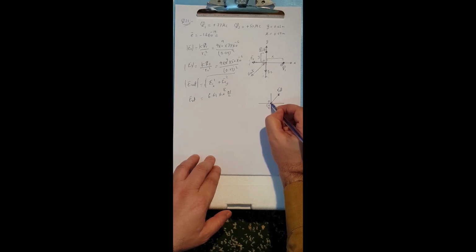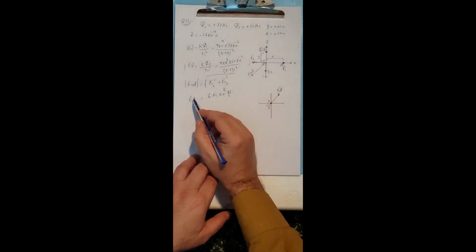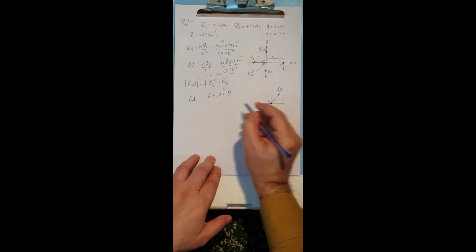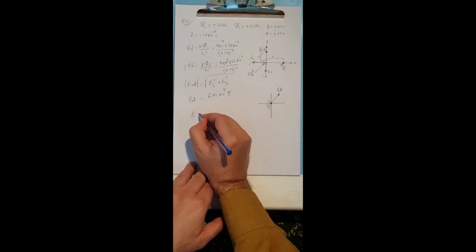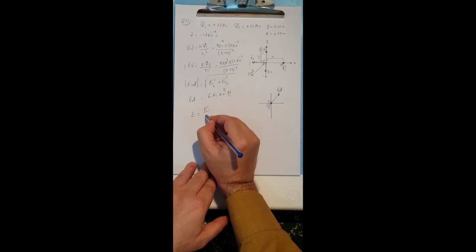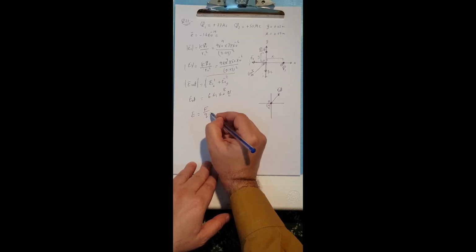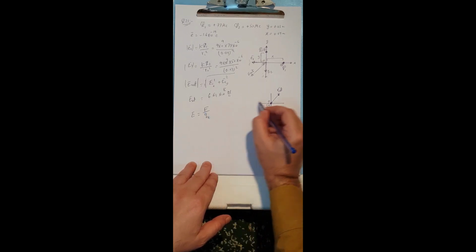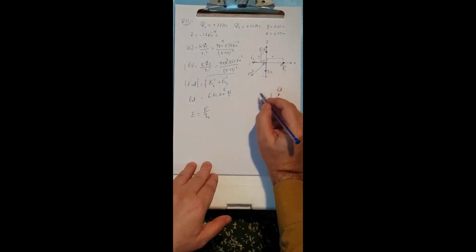and we have a charge here. So if you know the total electric field here, and you know the value of the charge, from the definition, the electric field is equal to the force over the charge. Here your test charge is an electron, and the force is the electric force, and it's the only force here, which is F net.